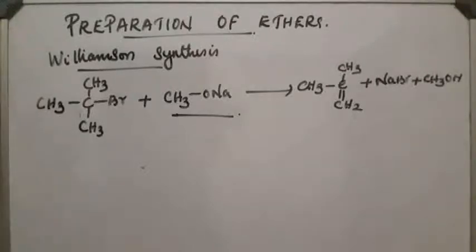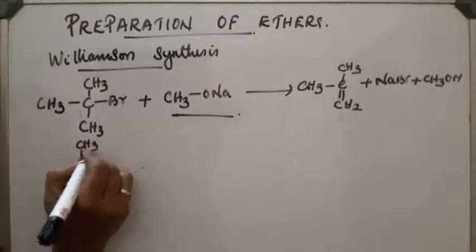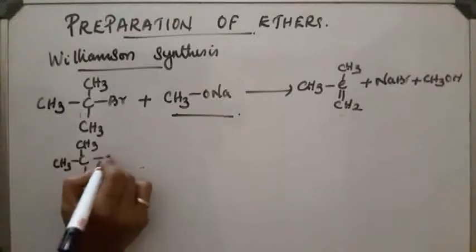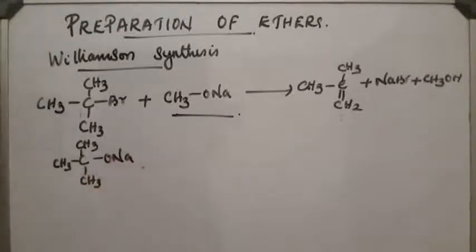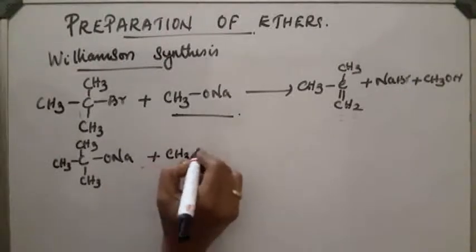So in order to obtain an ether containing a tertiary group, we have to use a primary halide and a tertiary alkoxide. Like this: (CH3)3CONa, this is a tertiary alkoxide, plus CH3Br.